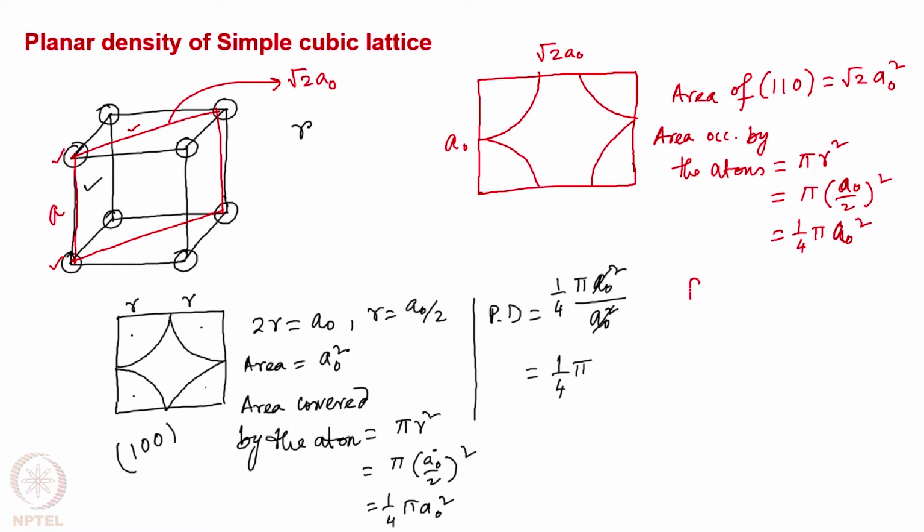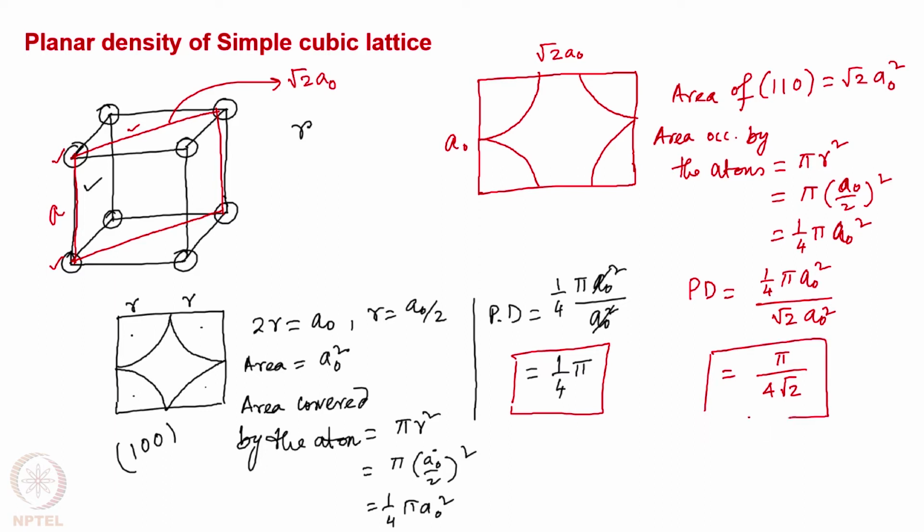So the corresponding planar density will be 1/4 pi a0 square divided by root 2 a0 square, which means pi by 4 root 2. So now we see that the planar density of 1, 0, 0 plane and 1, 1, 0 plane are different.